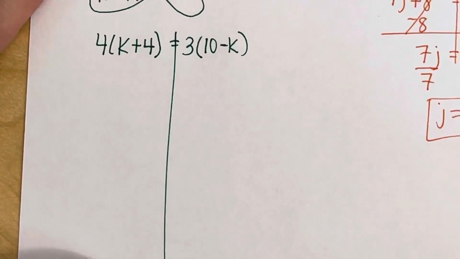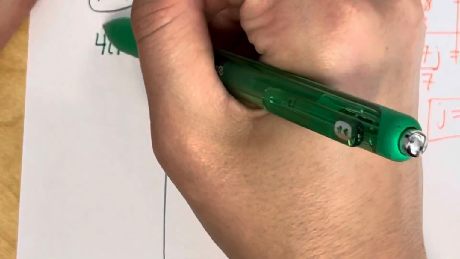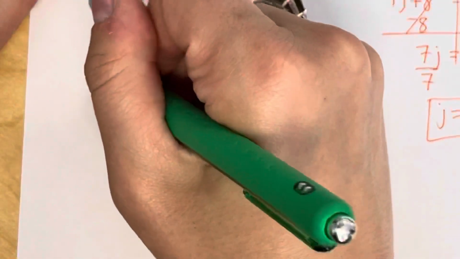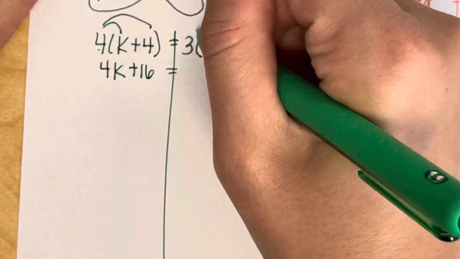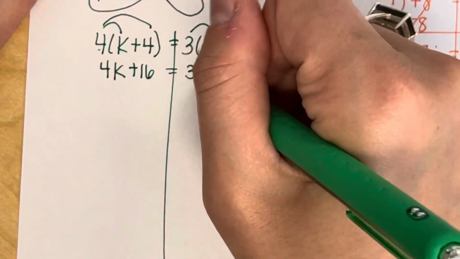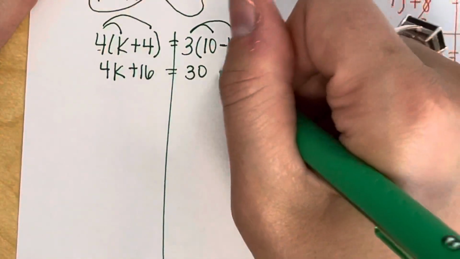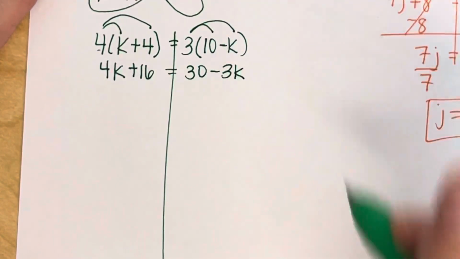So I'm going to distribute. 4 times K is 4K. 4 times 4 is +16. 3 times 10 is 30. 3 times negative K is negative 3K.